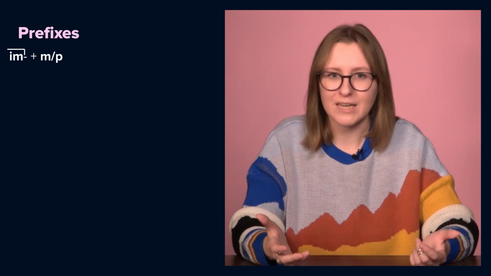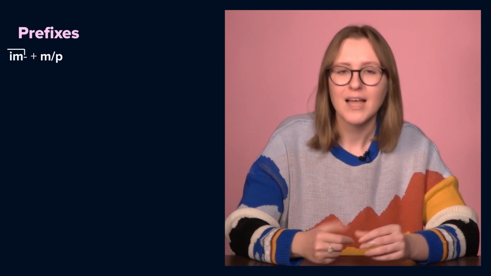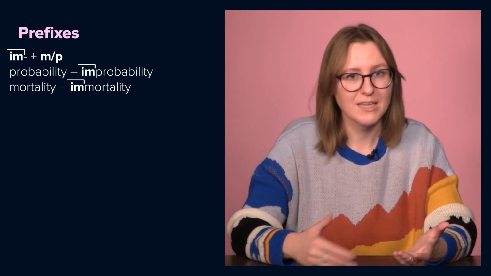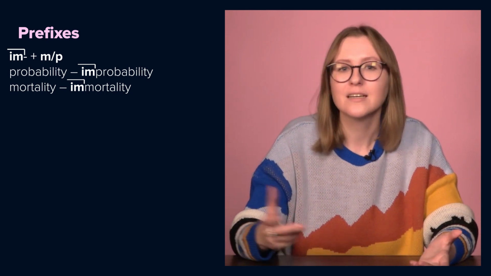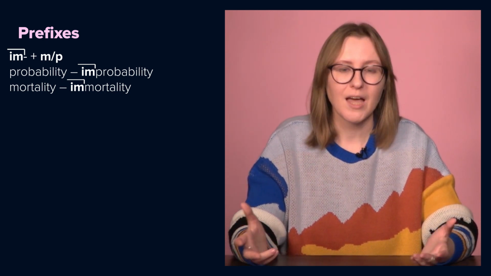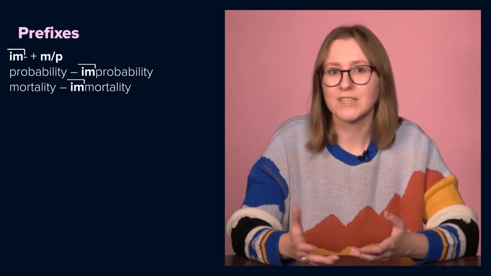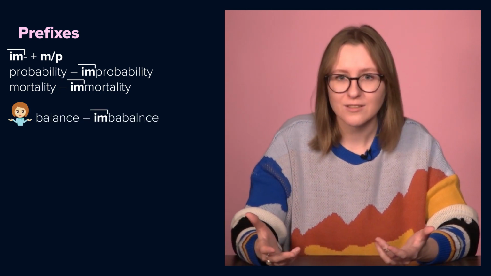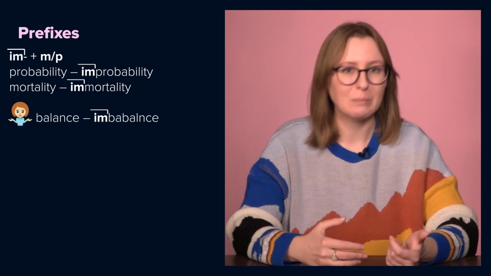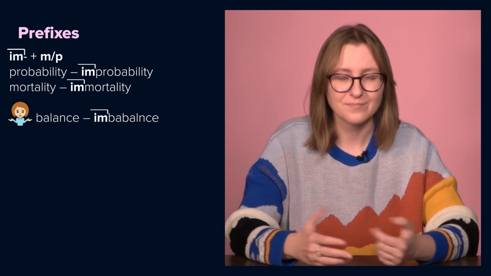If a word starts with m or p, you probably need the negative prefix im, like in probability, improbability, or mortality, immortality. But that doesn't mean that you can't use im with words starting with other letters. The opposite of balance, for example, is imbalance. Same prefix, you just have to remember it.